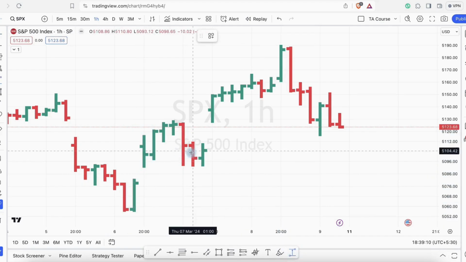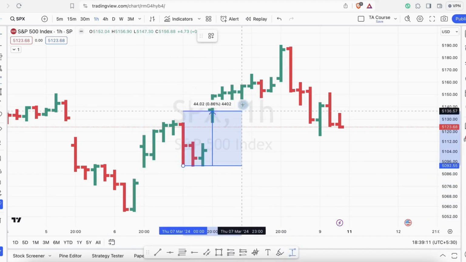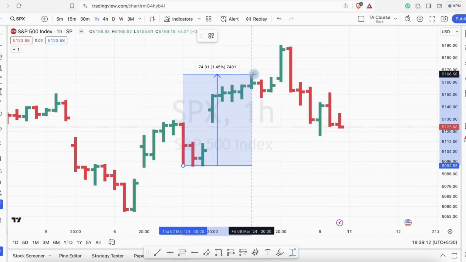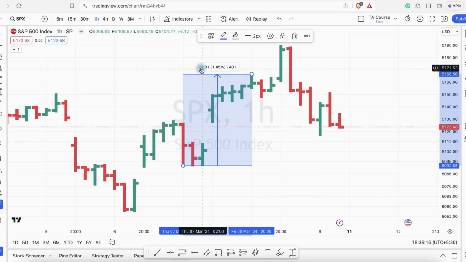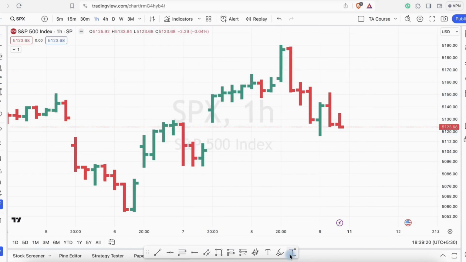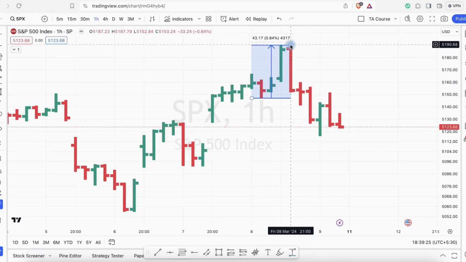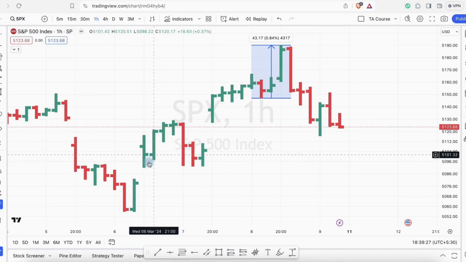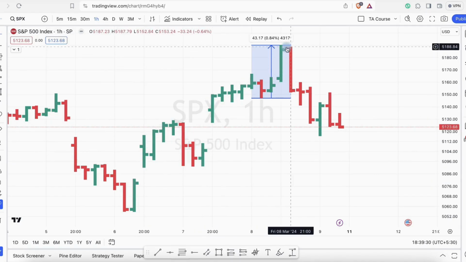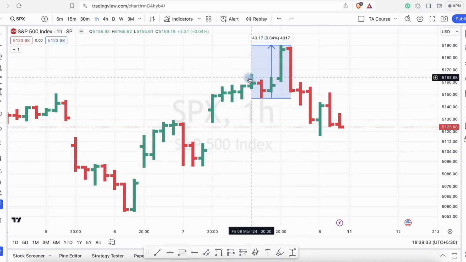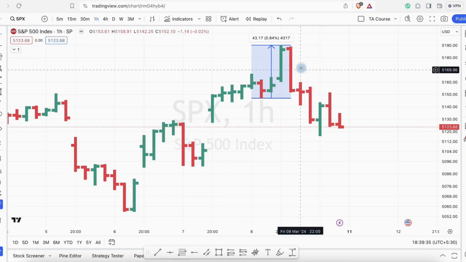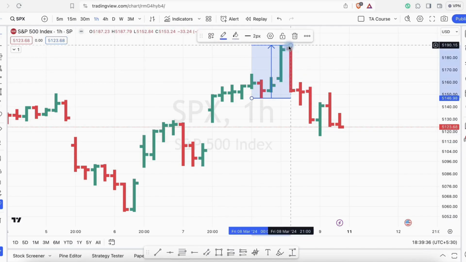We can measure wave 3 from the bottom of wave 2. This is 74 points, so this is greater. We will also measure the size of wave 5. This is 43 points. So wave 3 was 74 points, wave 1 was 72 points and wave 5 is 43 points. So wave 3 is in fact the largest of the 3, not the shortest. So all the 3 rules are satisfied in this case.